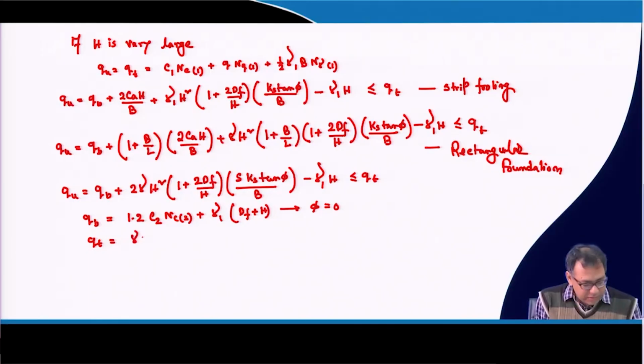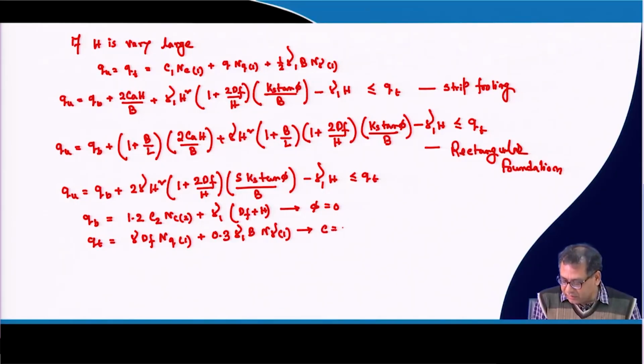So, gamma 1 Df Nq1 plus 0.3 gamma 1 B N gamma 1. So, here c is equal to 0.